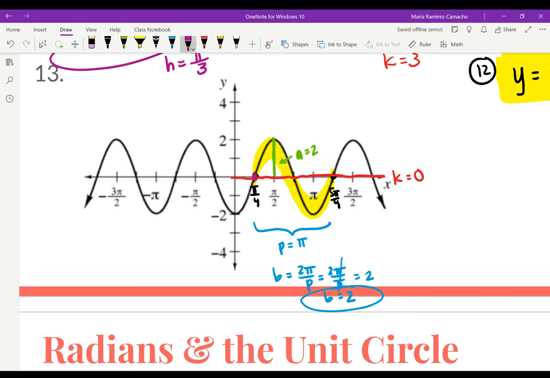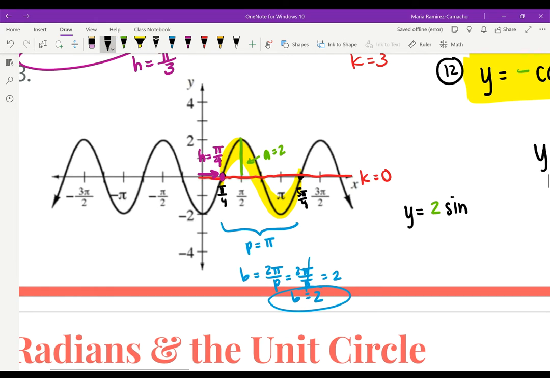And our horizontal shift, that distance that we've shifted right from the y-axis would be pi over 4. So that creates the equation y equals 2 sine 2 parentheses x minus pi over 4 close parentheses.